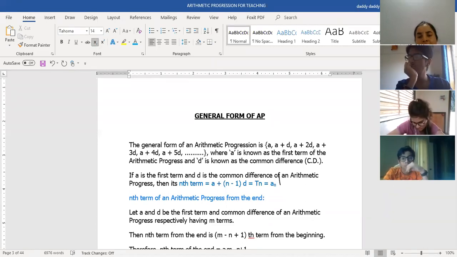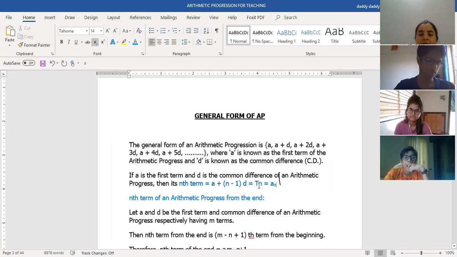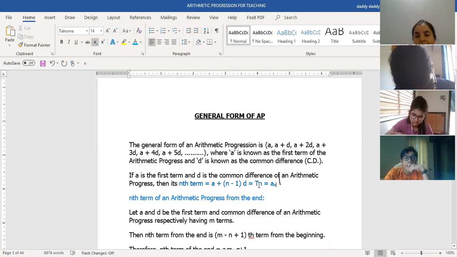So don't get confused. Sometimes they give you as Tn, sometimes they give you as An. Both are the same only. Both are the same means they will have the same value.